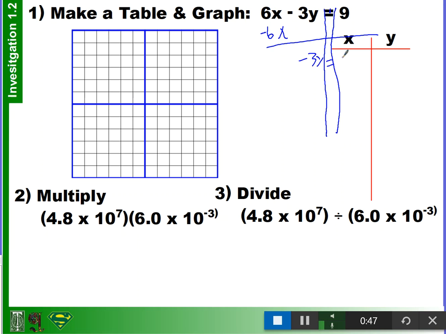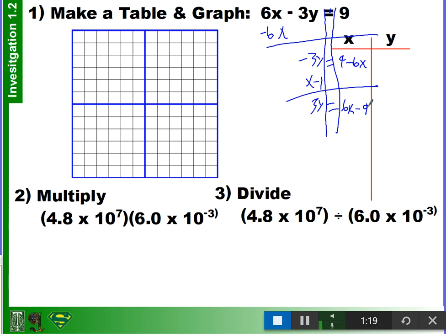3y is equal to 9 minus 6x. And then if you multiply by negative 1, you can theoretically just flip these, and so it would give you 3y is equal to 6x minus 9.